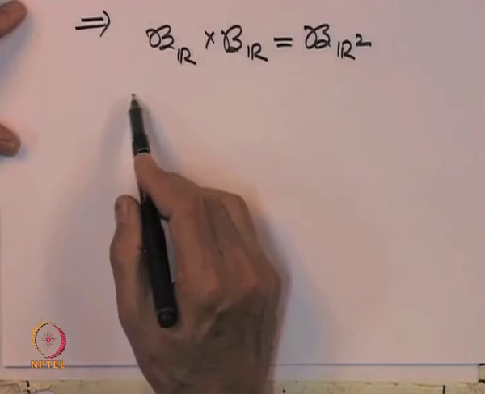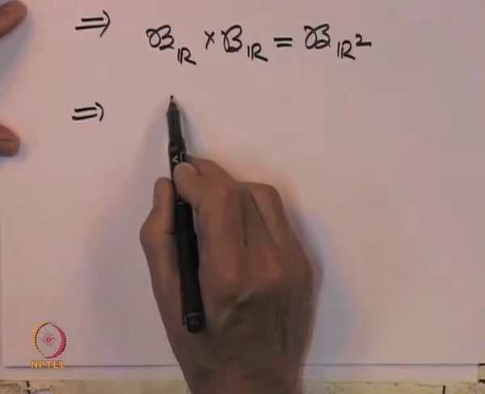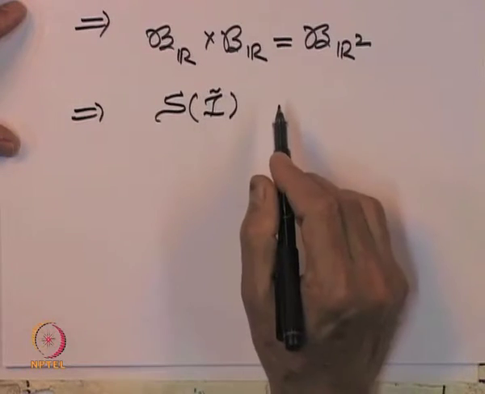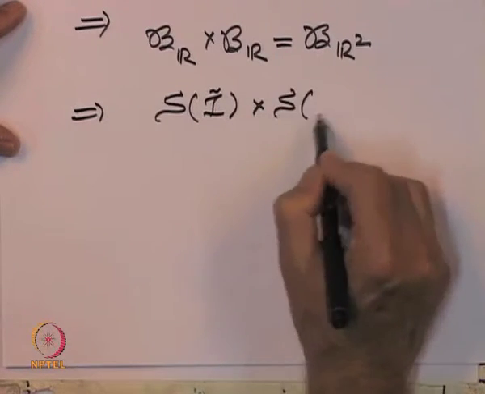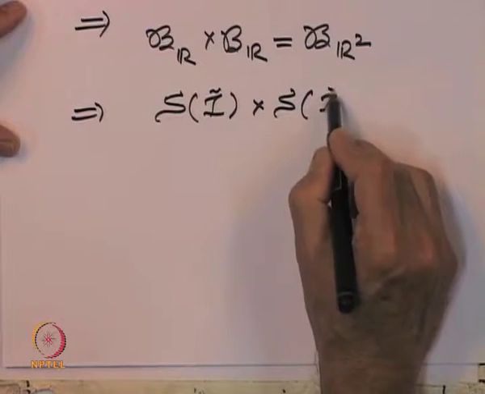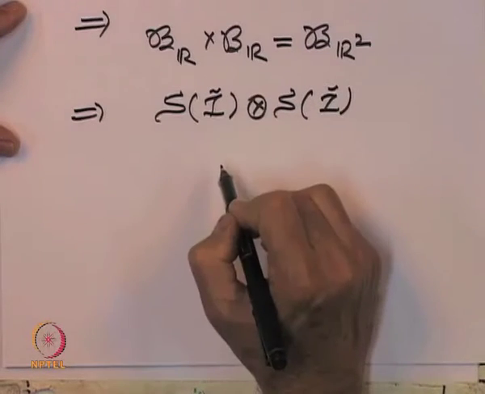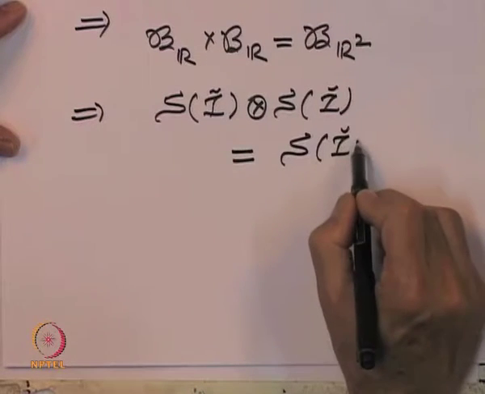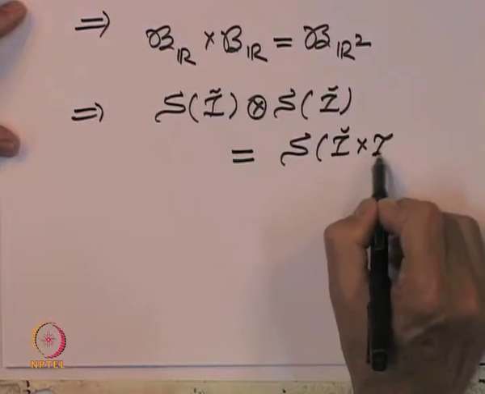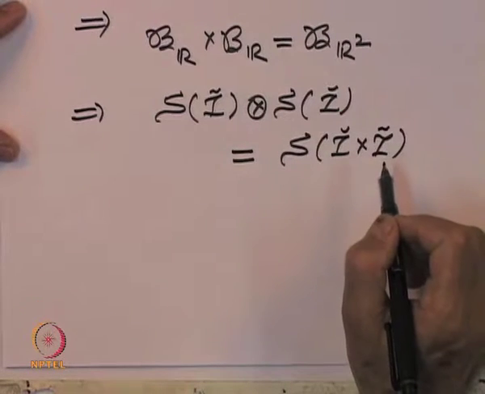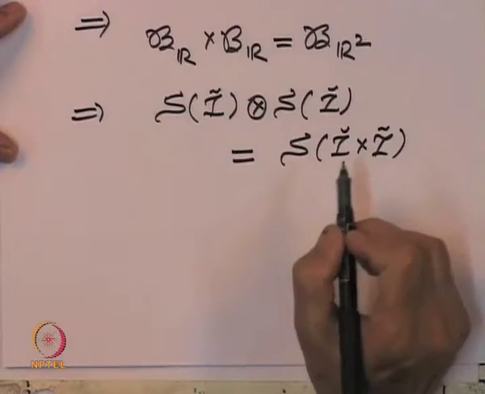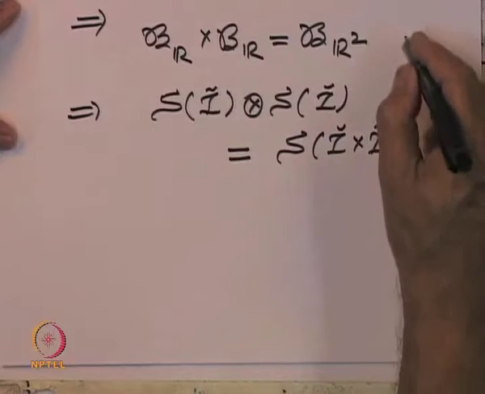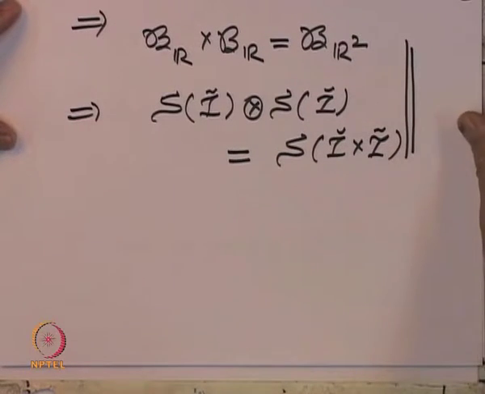And similarly, the same argument also implies that if I take the sigma algebra generated by left open right closed intervals cross the sigma algebra generated by left open right closed intervals, and then look at the product sigma algebra, then that will be the same as the sigma algebra generated by left open right closed intervals cross left open right closed intervals, because the whole real line can be written as a countable union of left open right closed intervals. So, these two facts follow from our earlier construction.